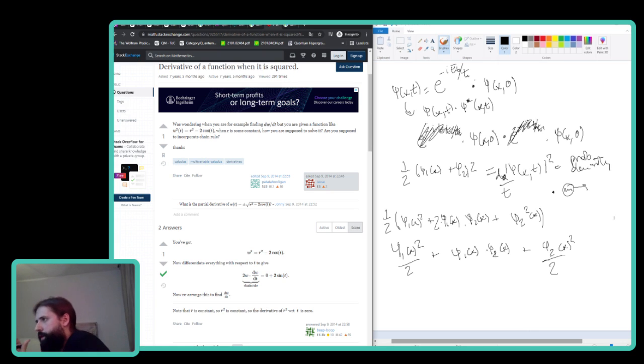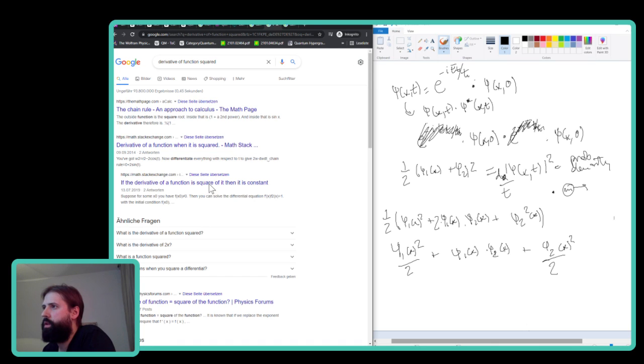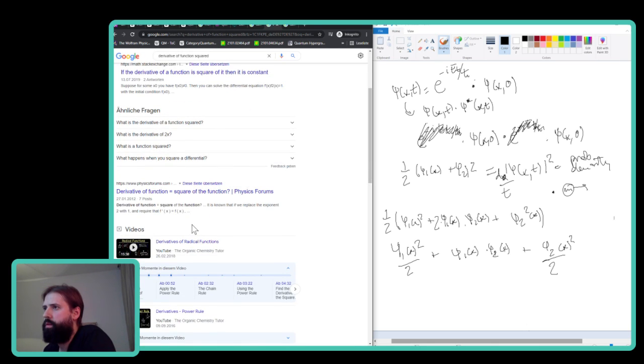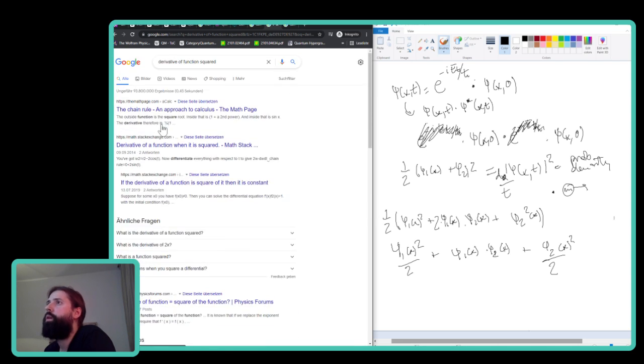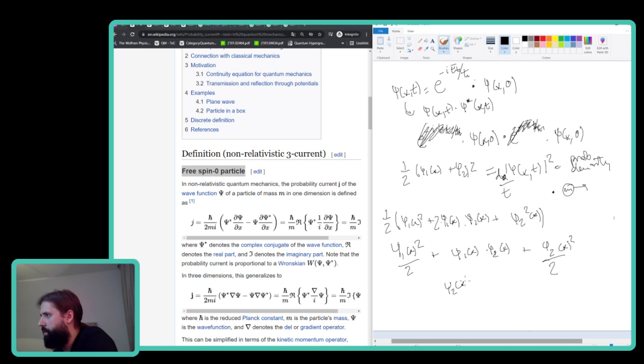Isn't the derivative of a square function just 2 times its derivative? Or that's the same as to say, this is the same like this, sorry.